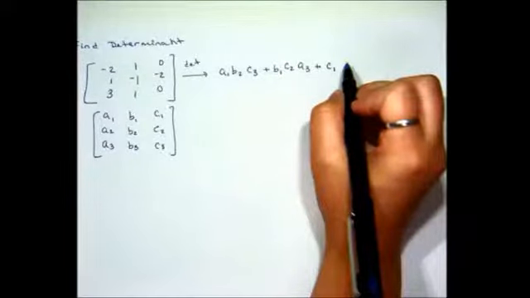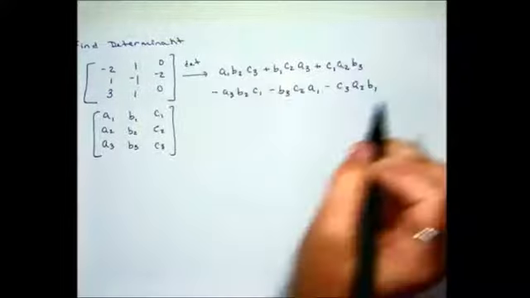I have A1, B2, C3 plus B1, C2, A3 plus C1, A2, B3 minus A3, B2, C1 minus B3, C2, A1 minus C3, A2, B1. Okay, we have 3 positive terms and 3 negative terms, and that's how you can check to make sure that you have all the terms written down.